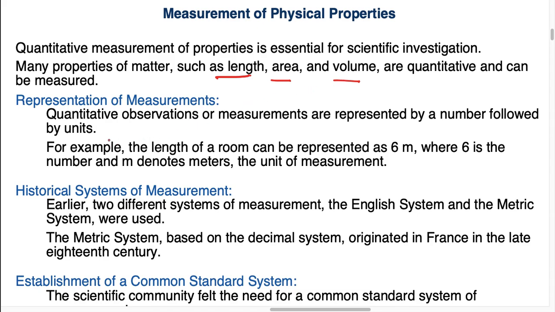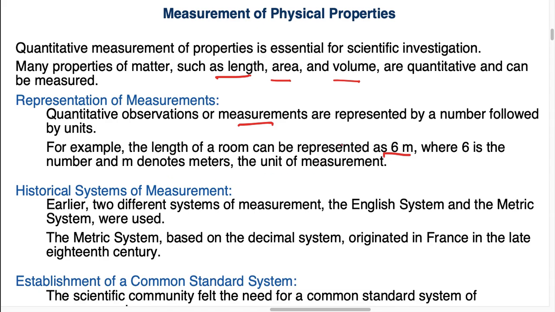So the next important point is how we can represent any measurement. The quantitative observation or measurements are represented by a number followed by units. For example, the length of a room can be represented as 6 m, where 6 is the number and m denotes meters, the unit of measurement.